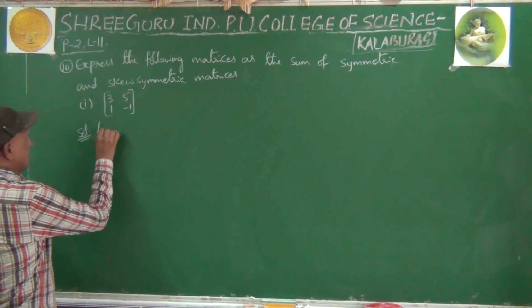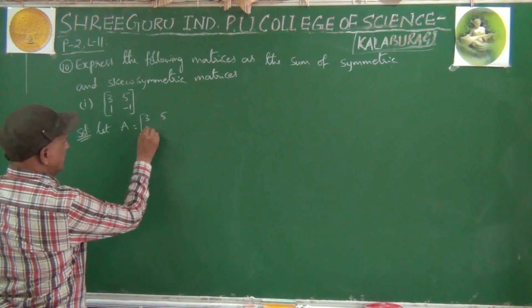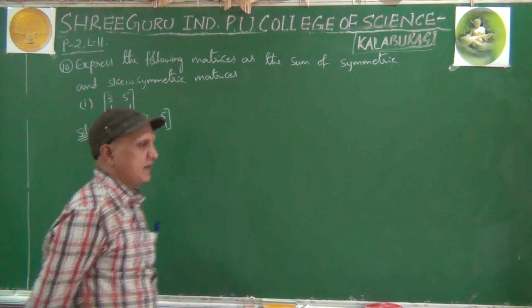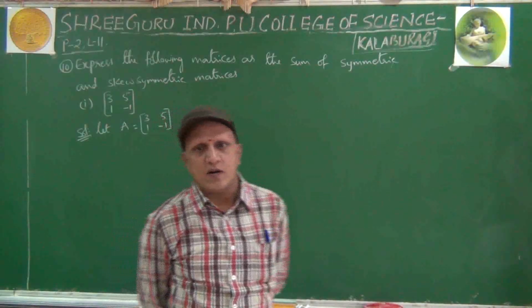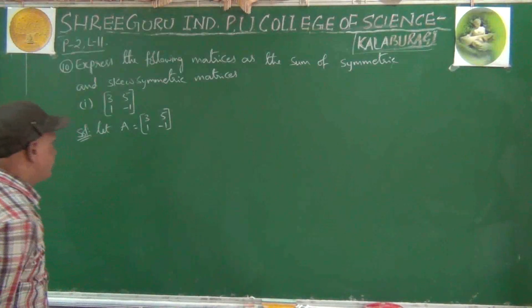Let capital A equal to the given matrix. We have to prove that this is the sum of symmetric and skew symmetric matrices. Right? That is the question.